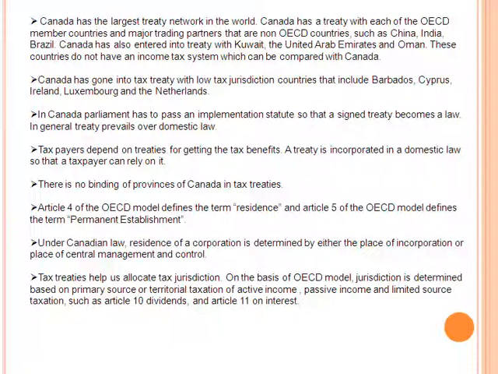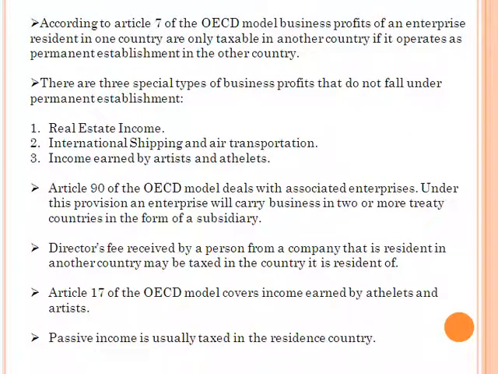Tax treaties help us allocate tax jurisdiction. On the basis of OECD model, jurisdiction is determined based on primary source or territorial taxation of active income, passive income, and limited source taxation, such as Article 10 dividends and Article 11 on interest.